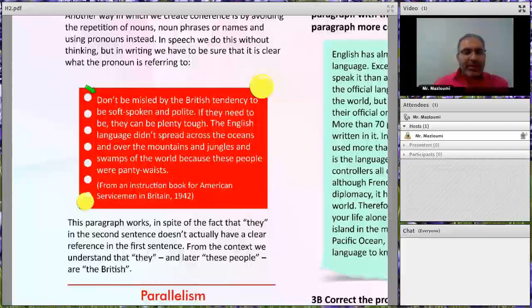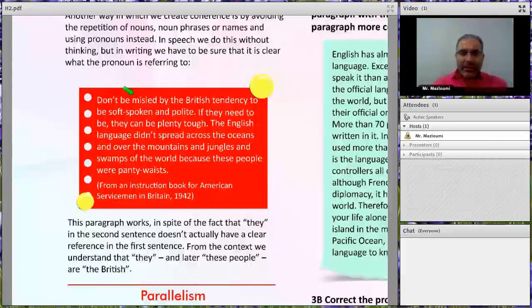If they need to be, they can be plenty tough. The English language didn't spread across the oceans and over the mountains and jungles and swamps of the world because these people were panty-waists. Taken from an instruction book for American servicemen in Britain in 1942.